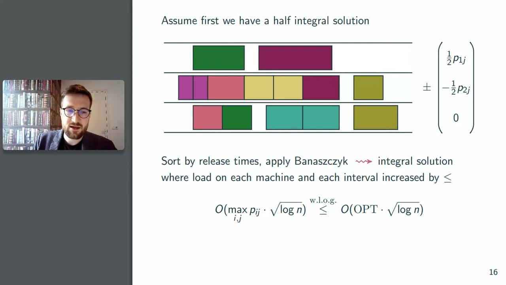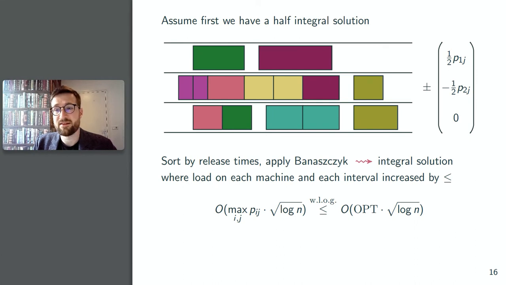And applying Banaszczyk to these vectors that we construct in this way, we find out that we can get signs so that the load increases on each interval by at most the maximum of the p_ij times square root log n. And why is it the maximum of the p_ij's?